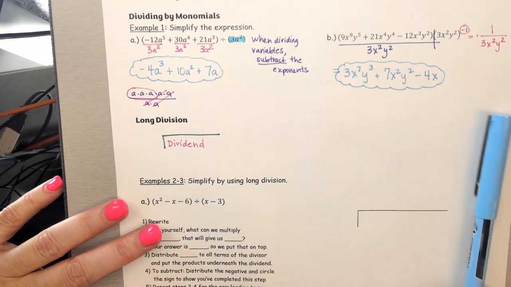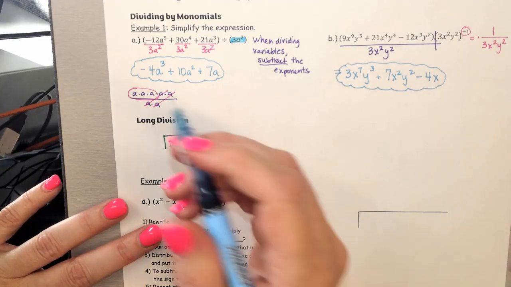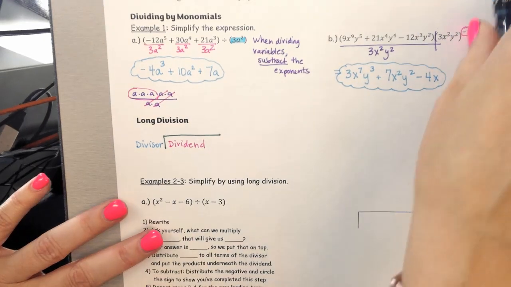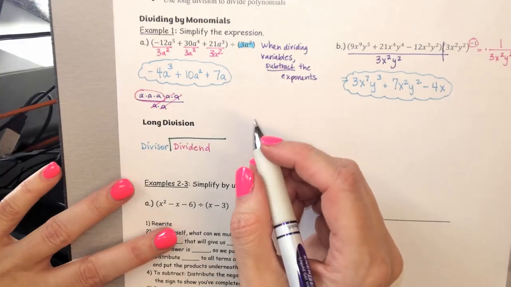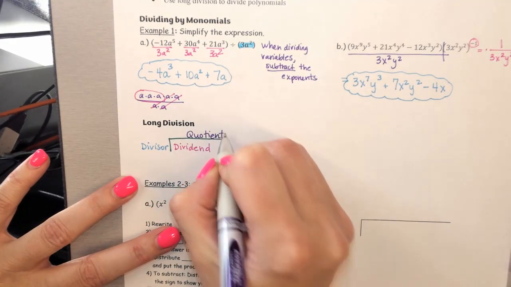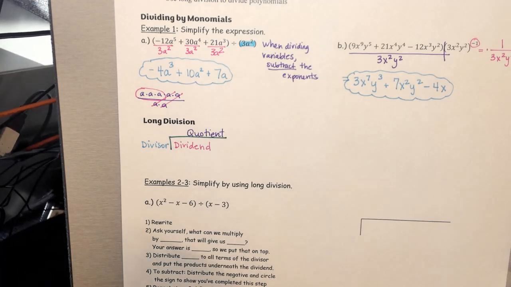Okay, the divisor is on the outside here. And do you guys remember what the result is called? A quotient. That is right. Okay, and then you do all this work, you do all these cool things, and then you end up with a remainder.